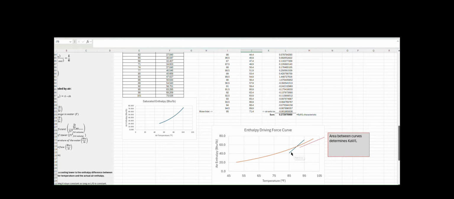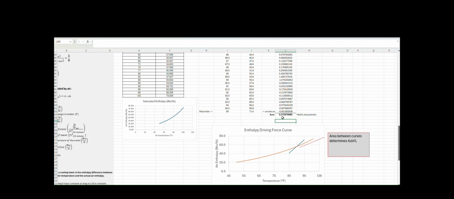So what would effectively happen is this curve would have to shift to the right such that, one, it has to be under or touching the saturation curve at all points, and two, that dT over h prime minus h integral that we talked about has to satisfy what your KAV over L target needs to be. So this would shift to the right such that this would end up equaling 1.2 or whatever your KAV over L target needs to be.